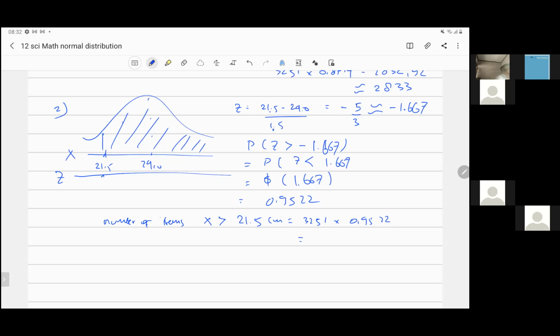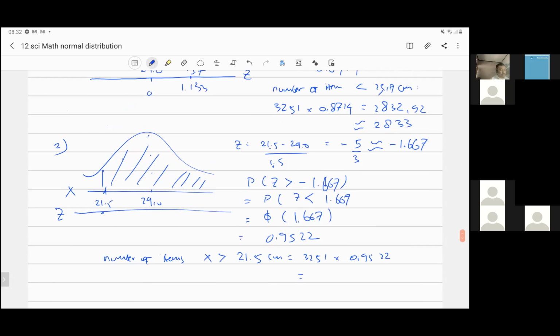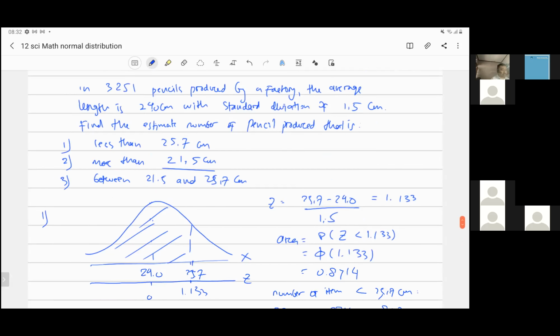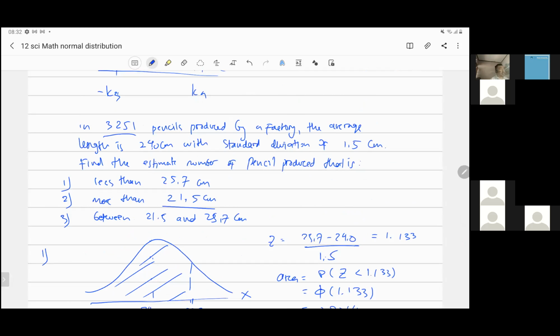Chiquita, can you please get me this? Sir, is that 325.1 or 3251? 3251. That's the total number of pencils. The total number multiplied by the proportion.